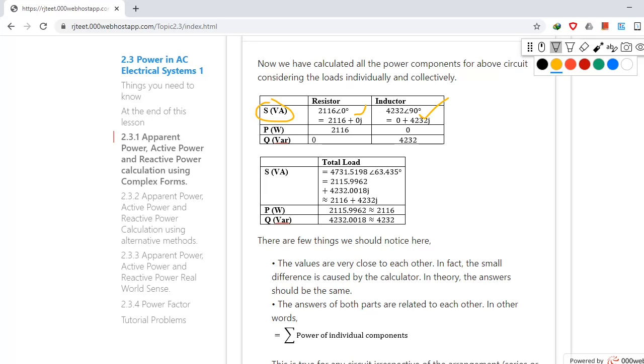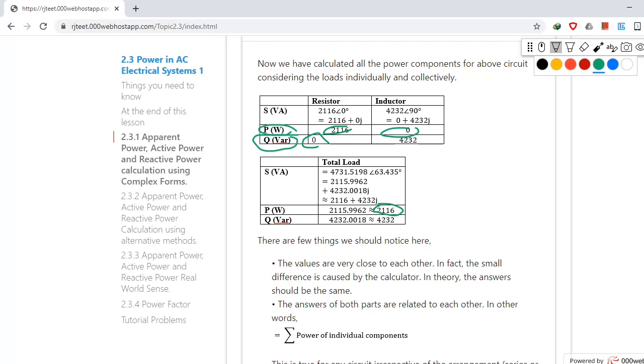Otherwise, for active power and reactive power, these two cases are special. Again, I'm going to note down: for active power and reactive power, you can simply add up the individual power components and get the total power, right?